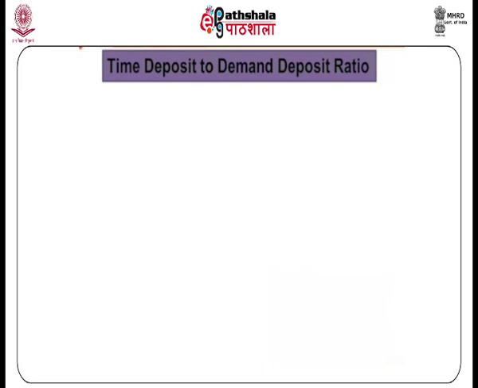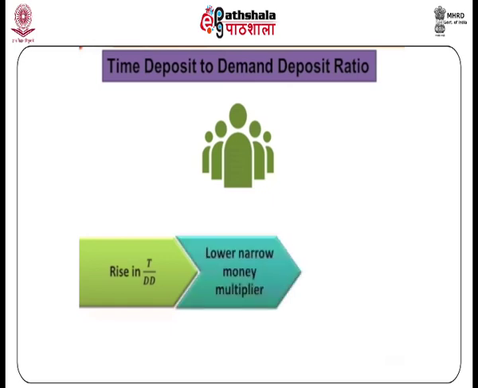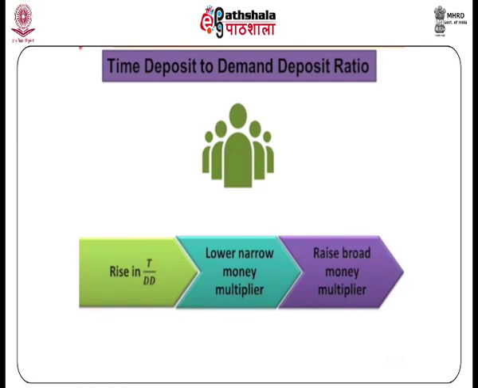Apart from the C upon DD ratio, the T upon DD ratio is also affected by the decisions of the public. A rise in the T upon DD ratio would lower the value of the narrow money multiplier and raise that of the broad money multiplier.